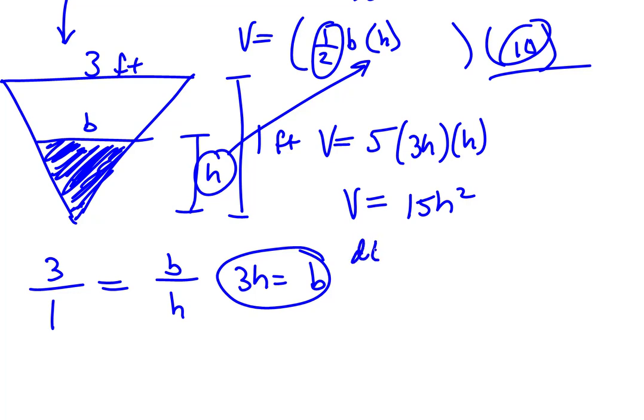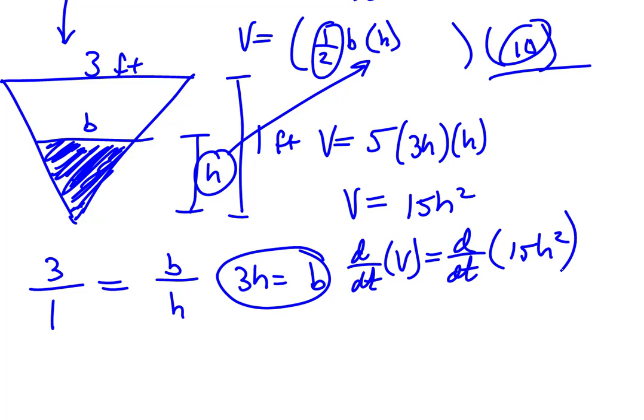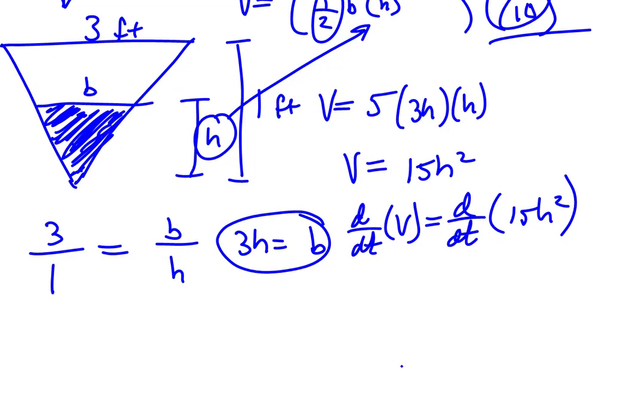If I now apply the derivative with respect to t to both sides, so d over dt of the left side V equals d over dt of the right side, which is 15h squared. Okay, now we're going to assume that h is an implicit function of t, like we've been doing with these related rate problems.